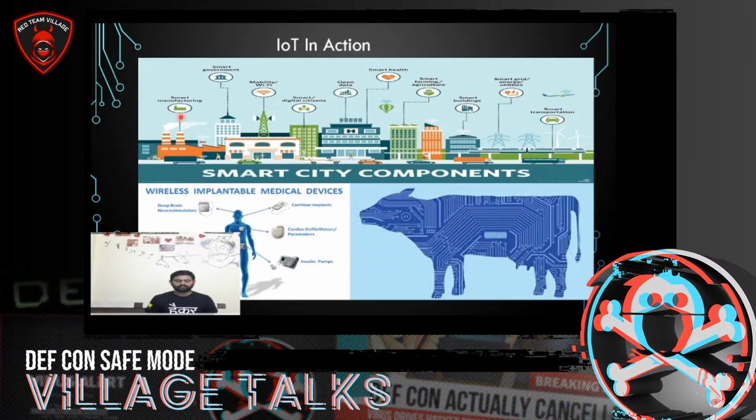IoT is an emerging field nowadays, and in every industry IoT is in use. So this is what we looked at about industrial IoT. Now this part, I don't know how visible it is, but this part is super critical.